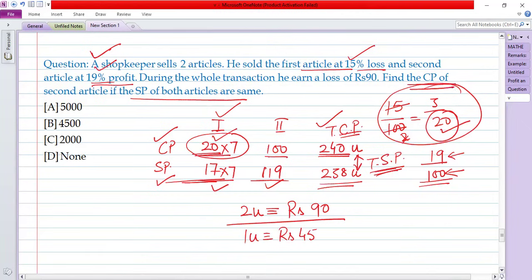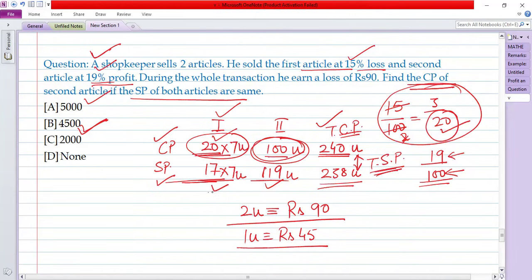Now the CP, cost price of second article. So the second article, its cost price was 100 unit. Okay. So if it is 100 unit, what will be the total cost price? It will be 100 into 45. That will be 4500. Okay. So here, yes, you may apply unit here.